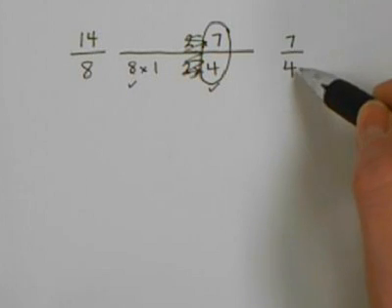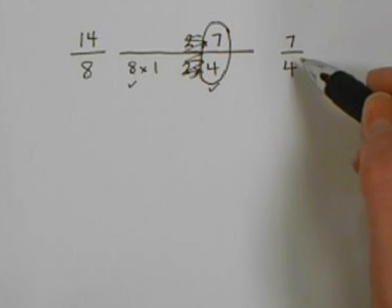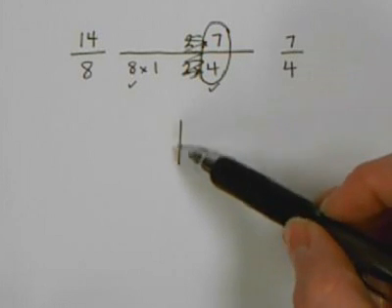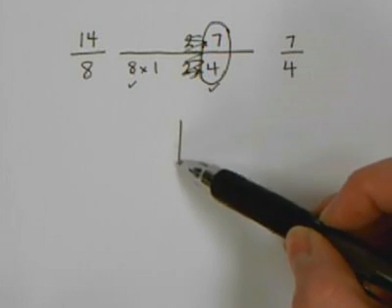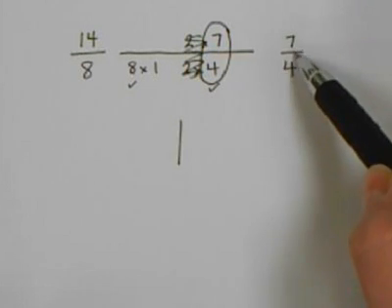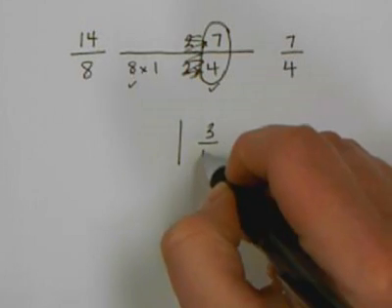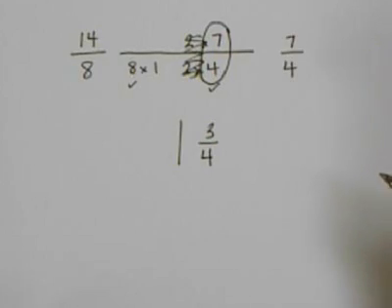So what they think to themselves is, on my first try, they're going to put a 1, huge big 1 for their wholes. On my first try, 7 minus 4 is 3. Keep the last name, fourths, 1 3/4. Super, super simple.